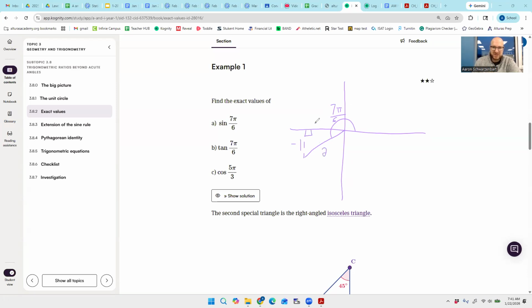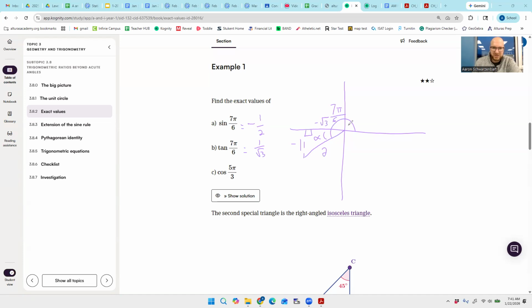This is down, so it's negative. This is also negative. I always use this reference angle to the x-axis when I do this. Alpha, negative 1 over 2. Tangent being 1 over square root of 3.